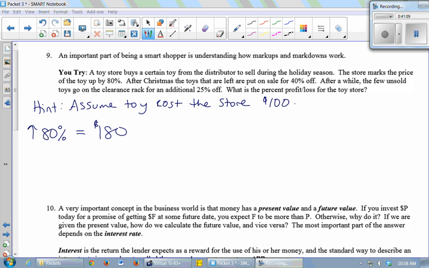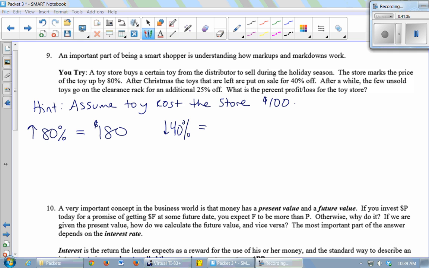All right, and then from $180, they take 40% off. Actually, I'm going to write decrease 40% instead of a minus. So that means that you're keeping 60%, right? If you're taking 40% off, then they're actually charging you 60% of the original price.